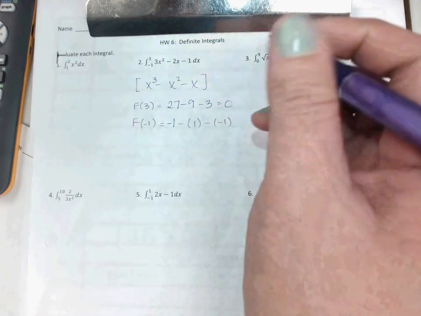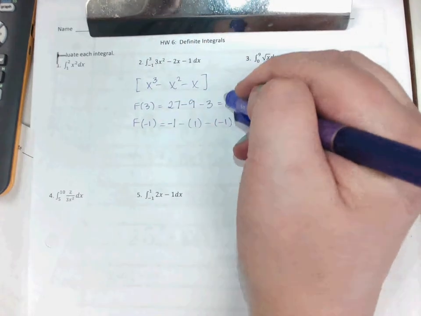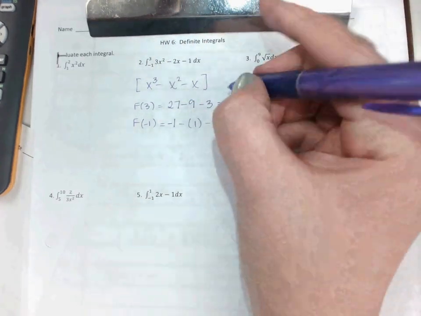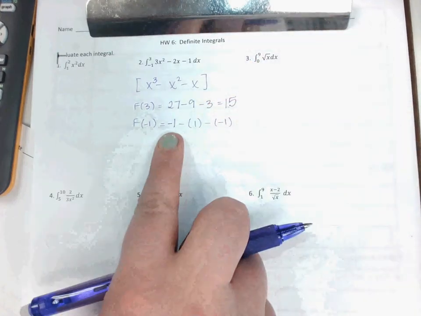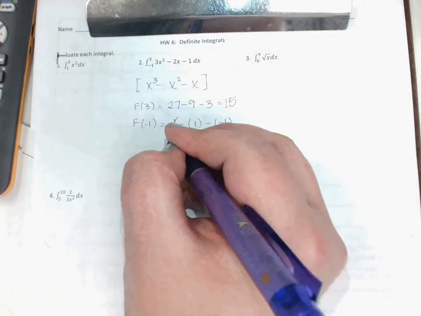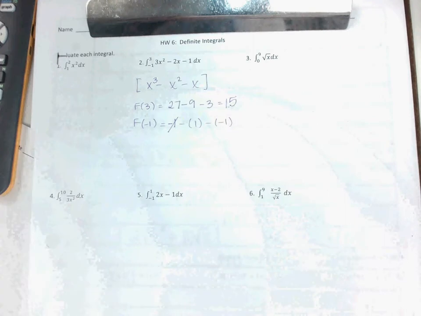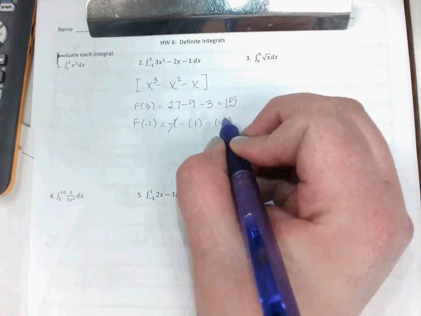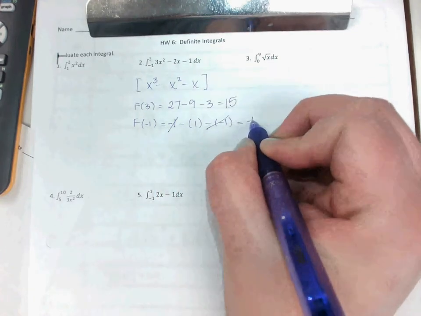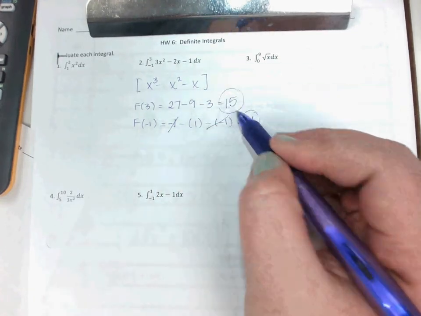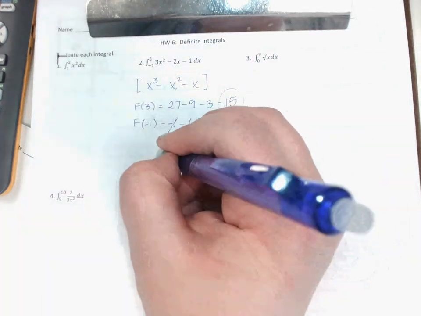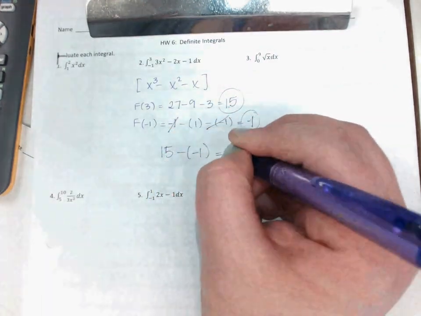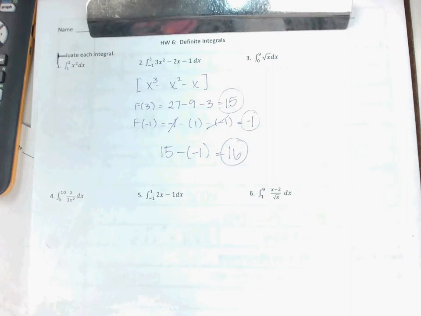You're right, thanks. And then here, negative 1 crosses out, but it stays negative if you cube it. So that'd be a negative 1, and then this is really a positive 1. So I just get a negative 1 left over, and then what do I do with those? 15 minus negative 1 is 16. Oh, the algebra's bad, people.